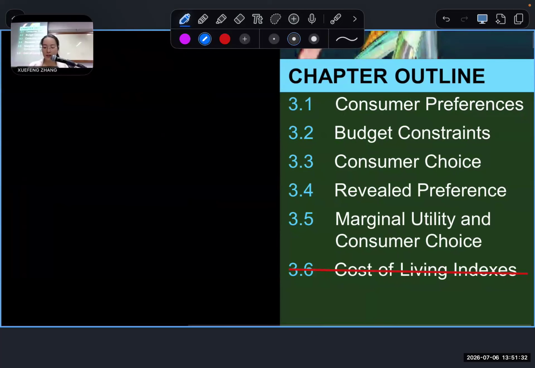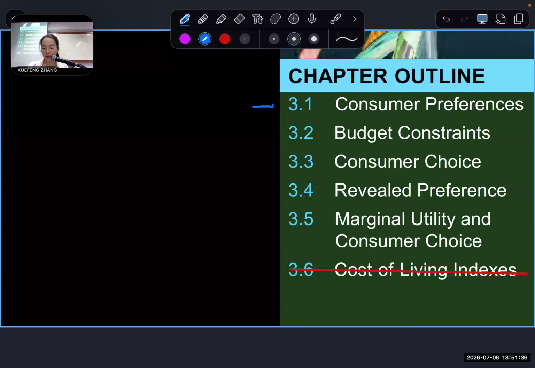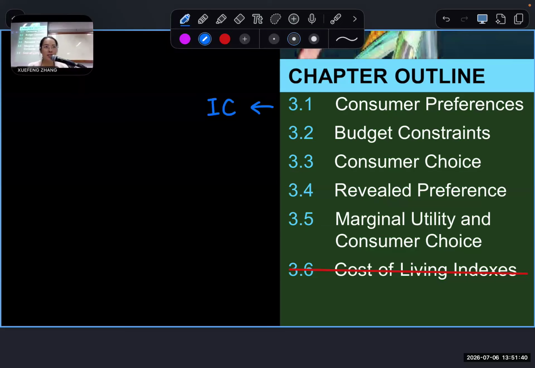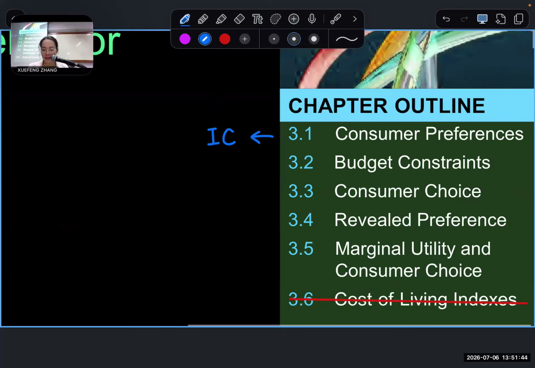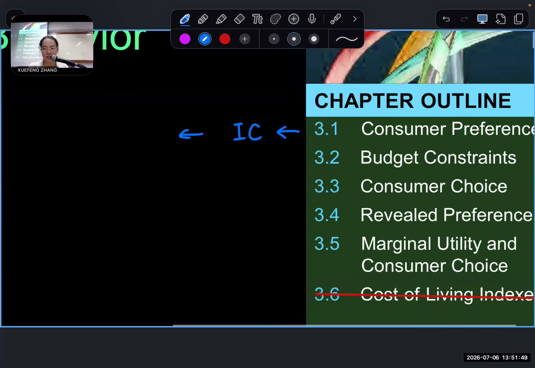First, we learned consumer preference, which is related to the indifference curve, the IC. What is the assumption? You guys have to review. This is related to what consumers like.